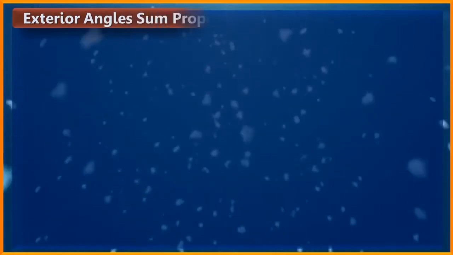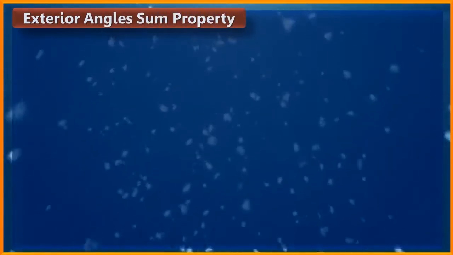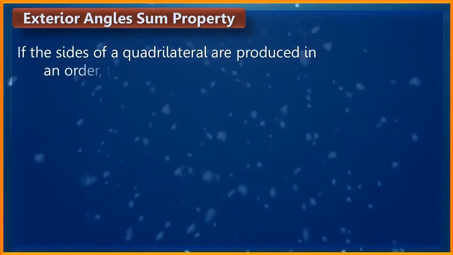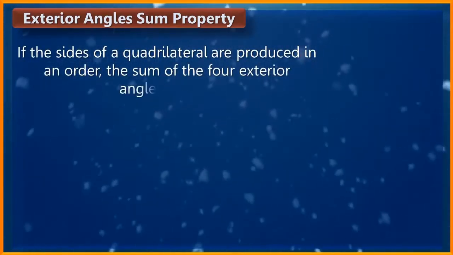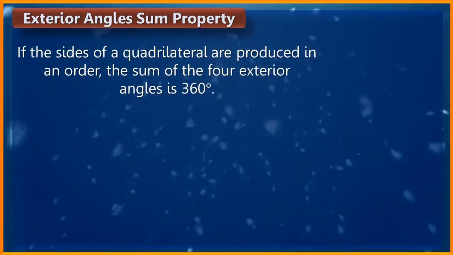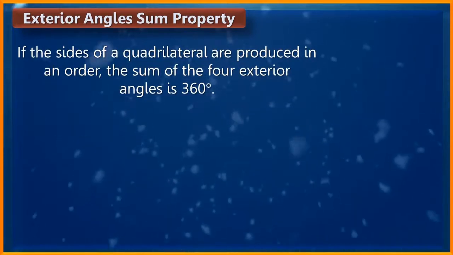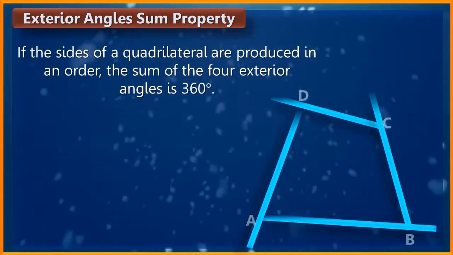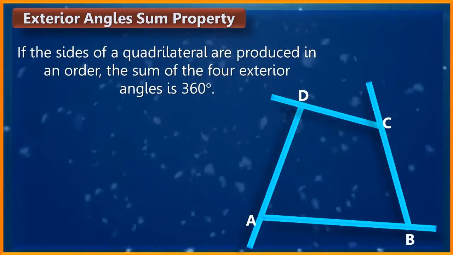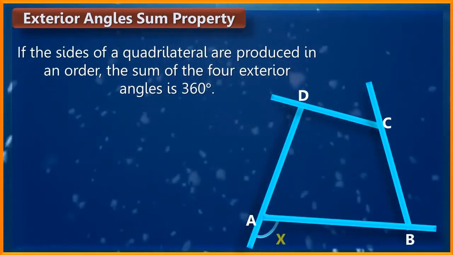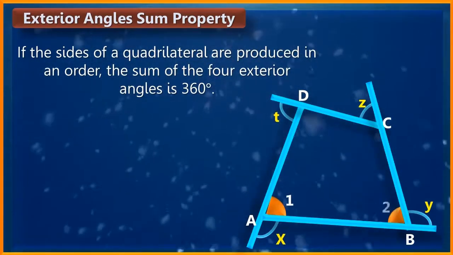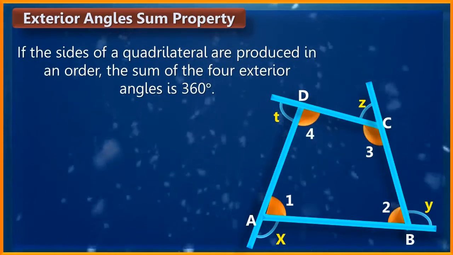Exterior angles sum property of a quadrilateral. This property states that if the sides of a quadrilateral are produced in an order, the sum of the four exterior angles so formed is 360 degrees. It can be proved as follows: let ABCD be a quadrilateral whose sides are produced in an order forming exterior angles x, y, z and t, and the angles 1, 2, 3 and 4 are interior angles.